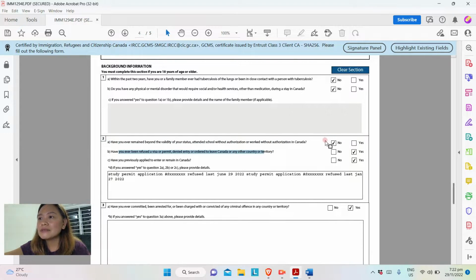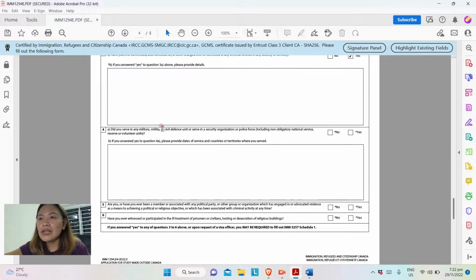On their first application they're used to answering this form already, so they just tick no, and when they reapplied, they also ticked no, but in reality they have been refused. So that second application was refused again because of the failure to declare their previous refusal.